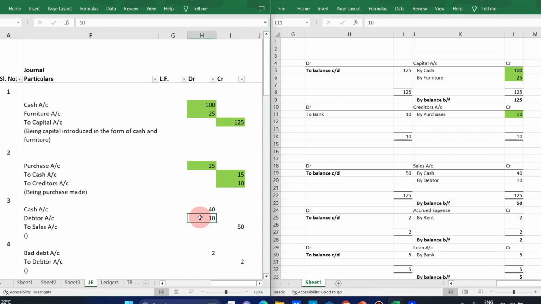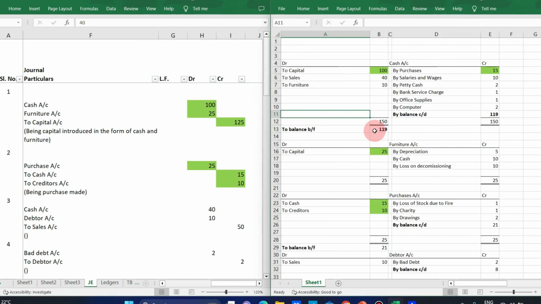Next entry is cash sales as well as credit sales. So it's a compound entry. So cash is being debited. So the figure will be shown in the debit side. 40. Let me mark it on both sides. Debtor account is being used here. So a new account will be required for debtor.